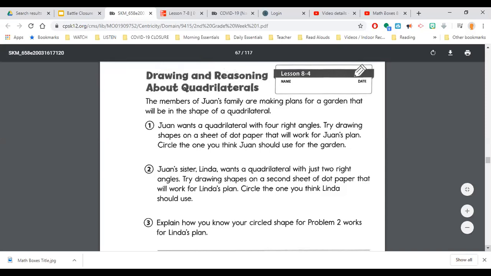And you can tell your family about why you think you should use that one. It says Juan's sister, Linda, wants a quadrilateral with just 2 right angles. Try drawing shapes on a second sheet of dot paper that will work for Linda's plan. Circle the one you think Linda should use. Explain how you know your circled shape for problem 2 works for Linda's plan.